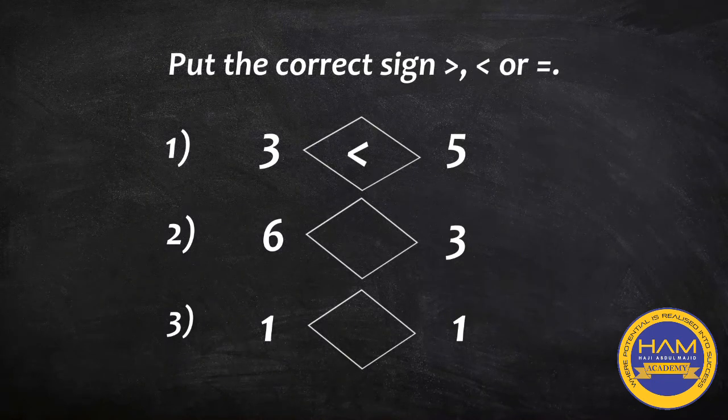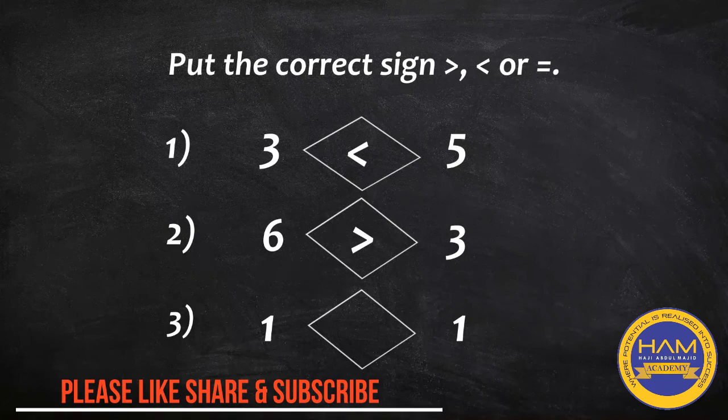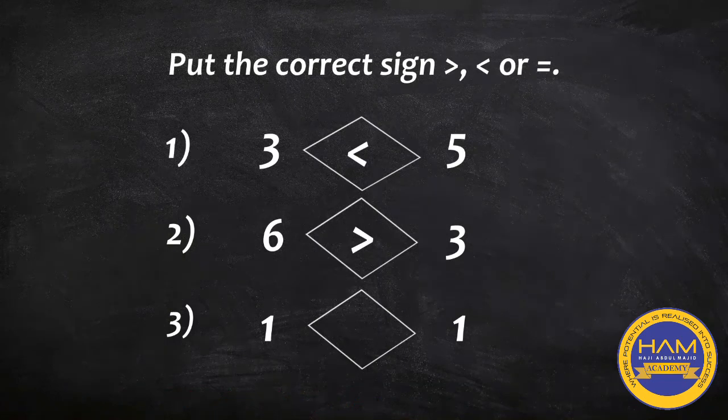So 3 will be less than 5. 6 dash 3. 6 is greater than 3. So we'll put the symbol of greater than. Now 1 dash 1. 1 is equal to 1.